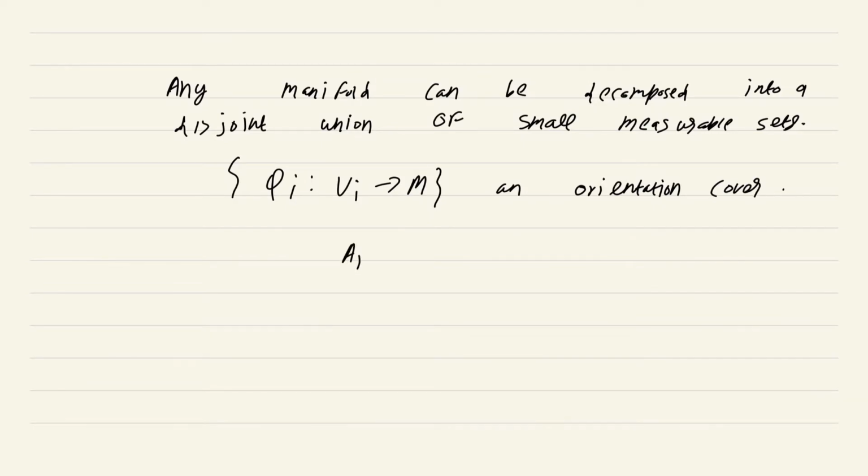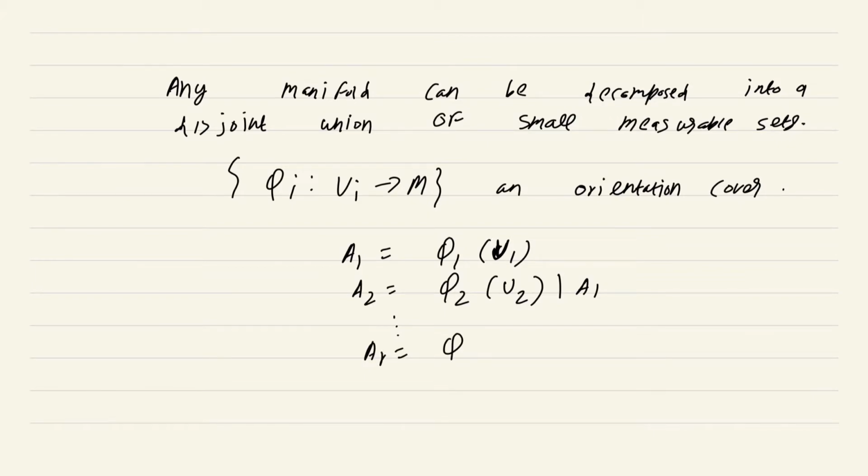Set A1 to be just phi 1 of U1. Of course, A1 is going to be measurable. You can check that easily. Then A2 is going to be phi 2 of U2 minus A1, and so on. Ar is going to be phi r of Ur set minus the union i equals 1 to r minus 1 of Ai, and so on.